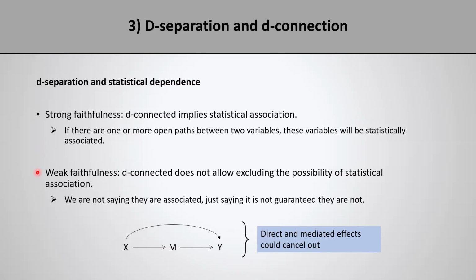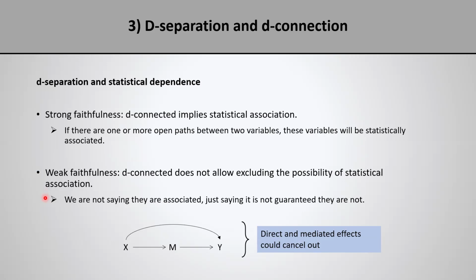Weak faithfulness postulates that d-connection simply does not allow us to exclude the possibility of statistical association. So it does not guarantee that there is a statistical association, but it says it might be, you cannot say that there isn't. So we're not claiming that the two variables are associated. We're just saying they might be. We cannot guarantee that they're not associated.